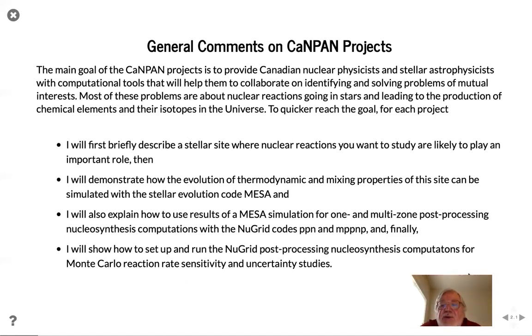To quickly reach the goal for each project, I will go through the following steps. I will first briefly describe a stellar site where the nuclear reactions you want to study are likely to play an important role. Then I will demonstrate how the evolution of thermodynamic and mixing properties of this site can be simulated with the stellar evolution code MESA.